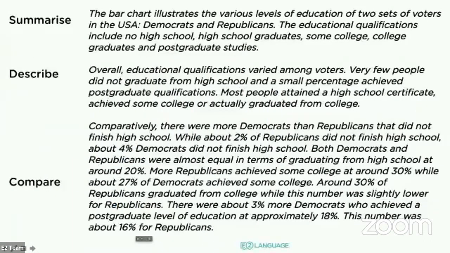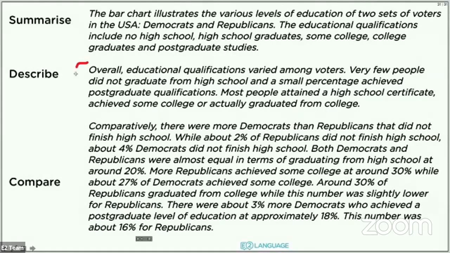Good, let me read you mine again so you get this. Here we go, so it's this part here. Now, there are no numbers in here. I'm just generally describing key features. Overall, educational qualifications varied among voters. Very few people did not graduate from high school, and a small percentage achieved postgraduate qualifications.